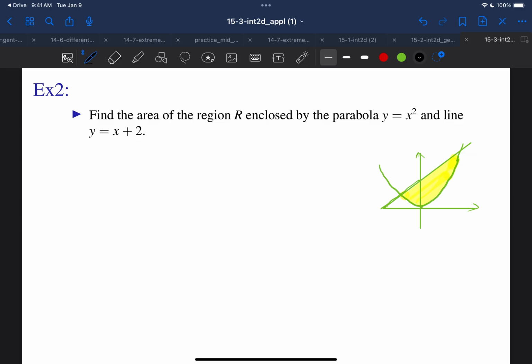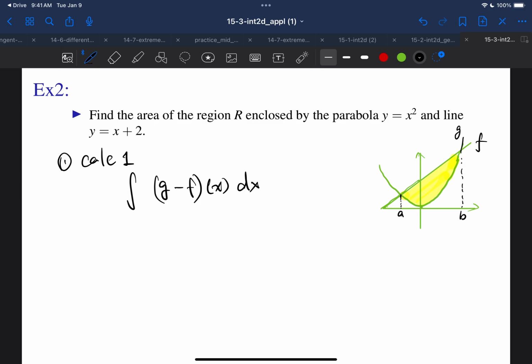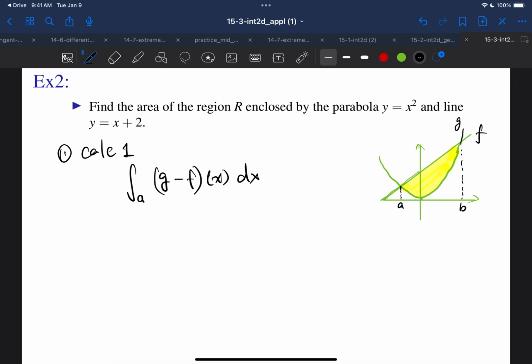If we name the line f and the parabola g, then the calc 1 approach is to just do the subtraction, f minus g of x dx, taking the integral from a to b, where a and b are the left and right ends of this region.